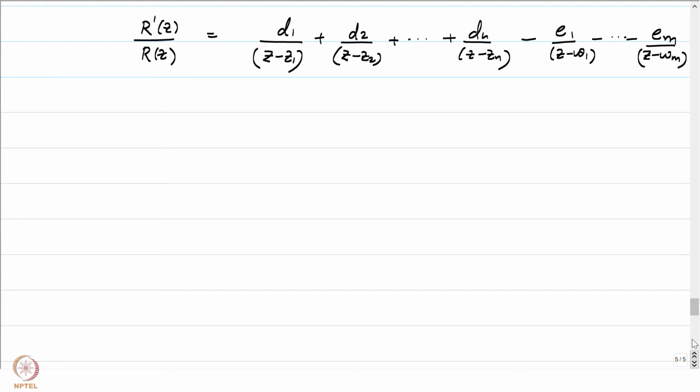Let us now try to see what happens to the log derivative of a holomorphic function, how it behaves. So, let us consider the log derivative case by case and analyze what happens. Let us start with some function f which is defined on omega away from a set of singularities.